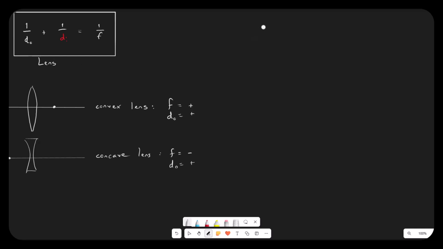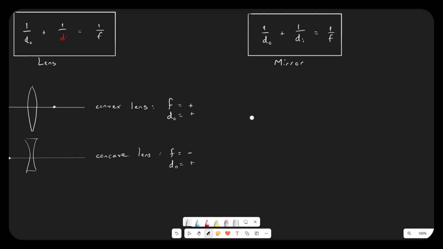There is a separate equation for mirrors, so this is the lens equation. For mirrors, we get an equation that looks like this. Now you might be looking at that and saying, but that's the exact same equation. And it is. The difference between these equations is whether I am looking at a lens or a mirror.